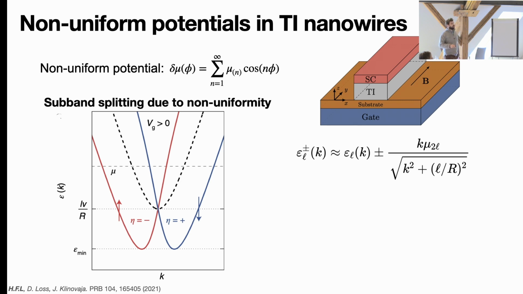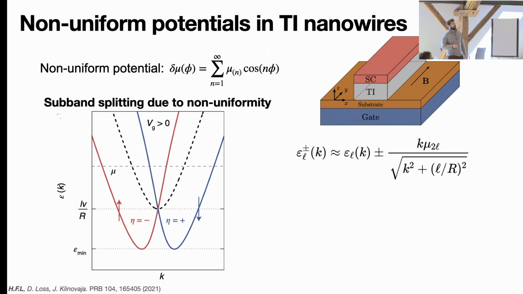One way of doing that, as we showed in this paper, is that by gating the nanowire, I split my subbands. Particularly if the gating is large, I start with the dashed line, a doubly degenerate subband with plus and minus angular momentum. But when I apply the gate, angular momentum is no longer a good quantum number, and so I split the subband and get these spin split bands with a finite spin polarization.